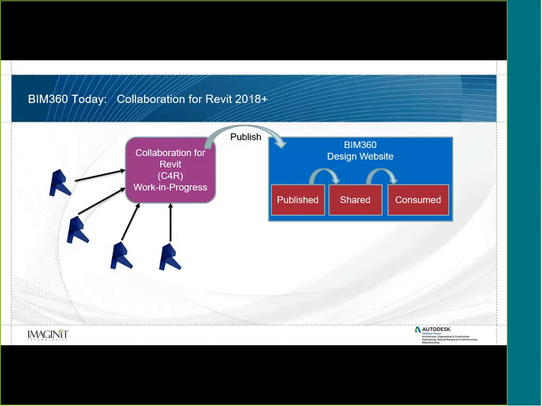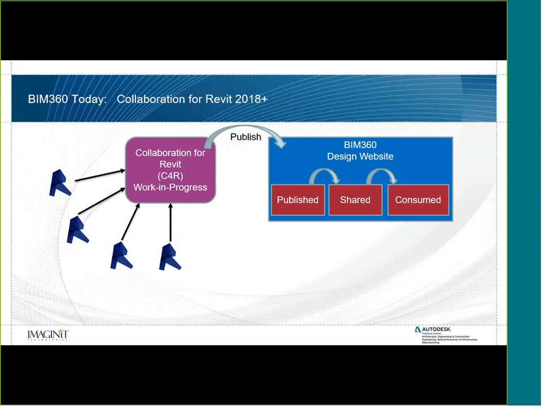So you can't really purchase Collaboration for Revit anymore. You have to get this new BIM 360 Design. But it does some of the same things where you've got this work in progress model just like Collaboration for Revit. But then when you publish to this design website, now we've got this thing where you can have different stages of the model. And without going too deep into that piece, there's a place where you can publish the model and that's where it's sitting, but then you can choose whether or not you're sharing that model with everybody else on your design team.